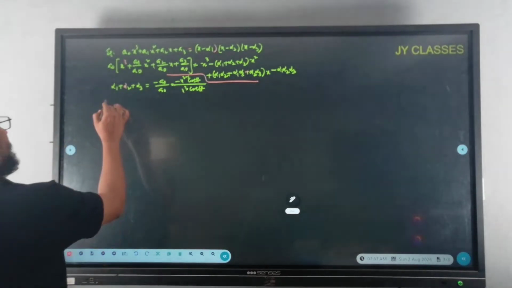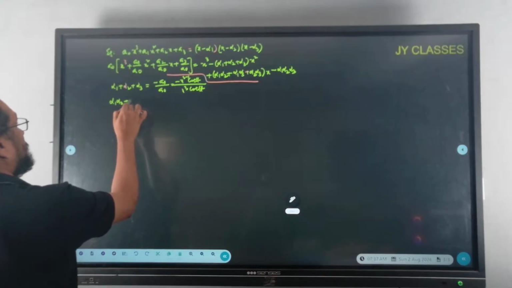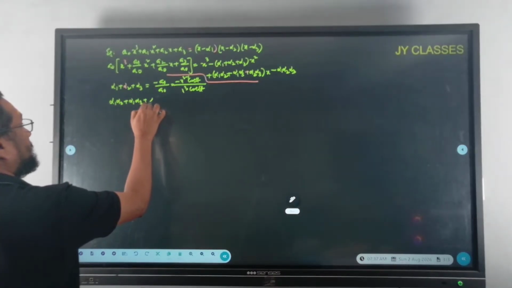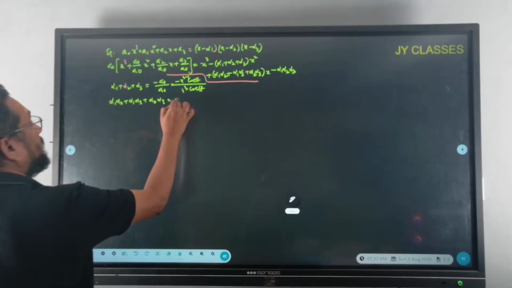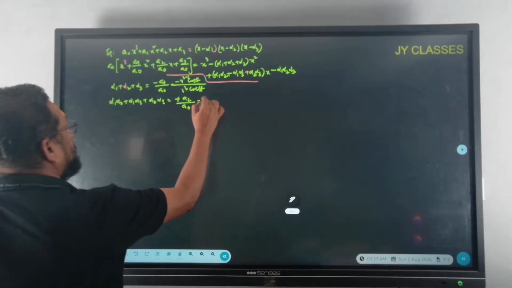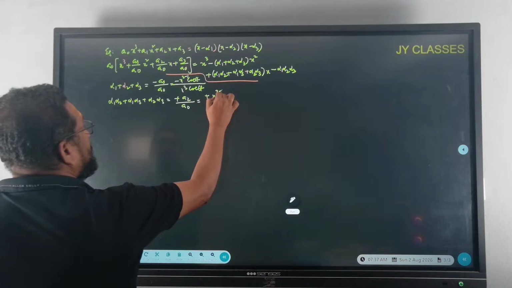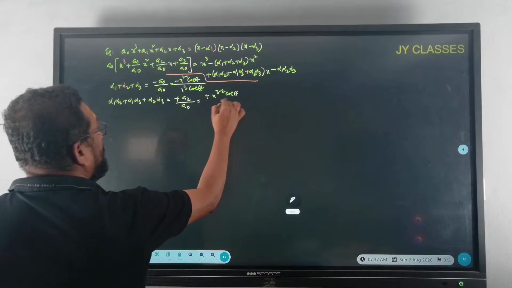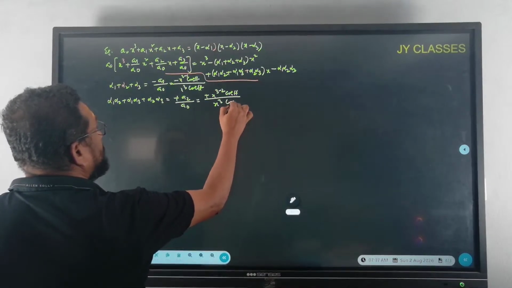Okay, now alpha 1 alpha 2 plus alpha 1 alpha 3 plus alpha 2 alpha 3 is equal to plus a2 by a naught, that is plus x power 3 minus 2 coefficient by x power 3 coefficient.